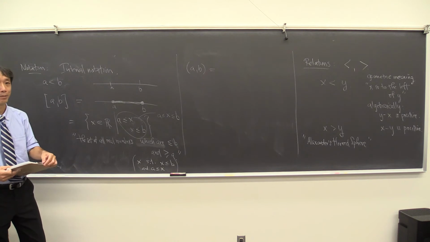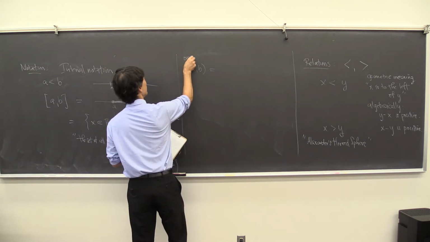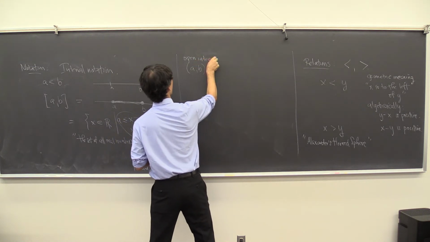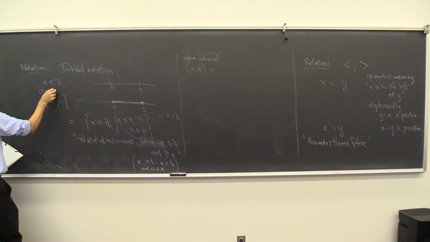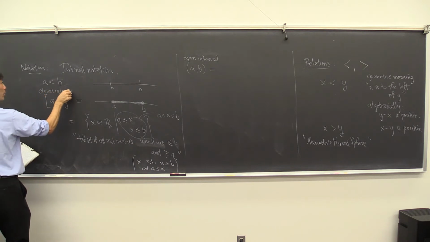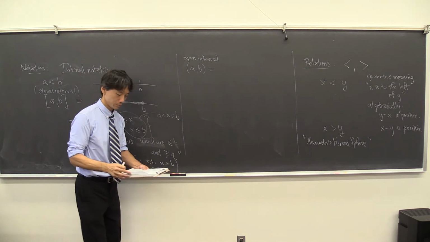See if you can write that down. This is the so-called open interval. This is the closed. These are called closed intervals because they include their endpoints.